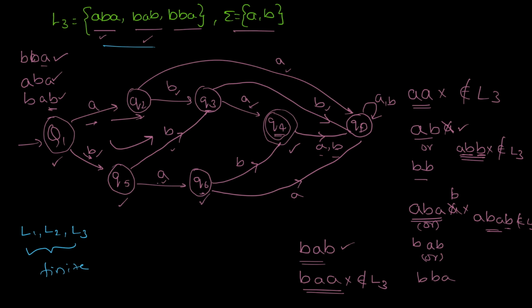So we can say that these languages are finite languages. Every finite language is a regular language. We can say a language is regular if we are able to draw a DFA or we can express the language as a regular expression.